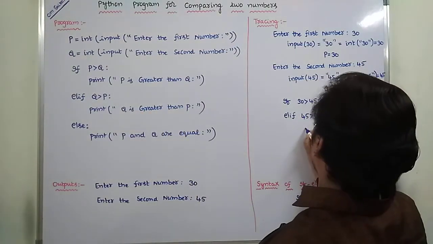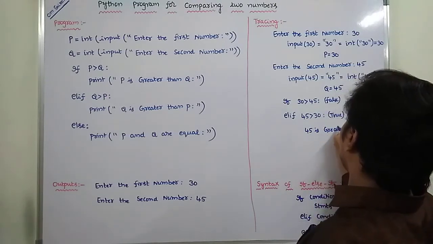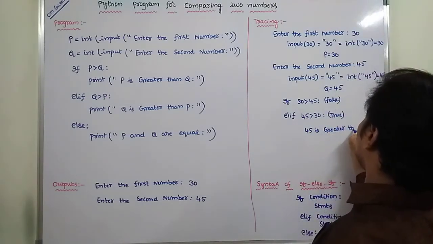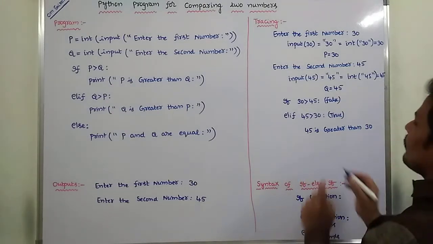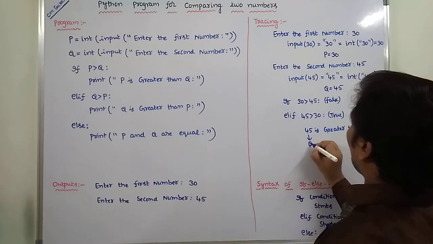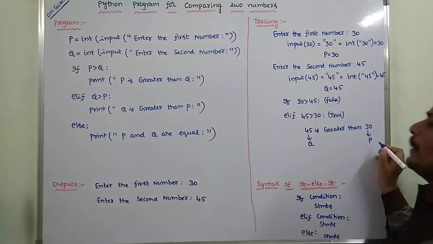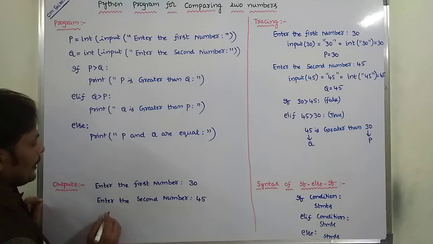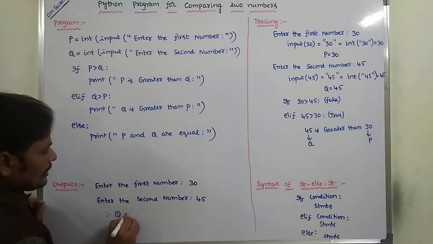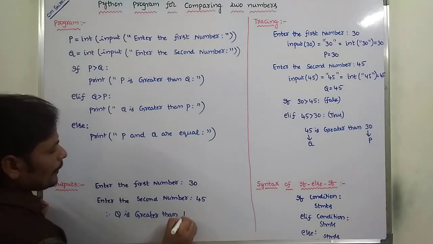So now 45 is greater than 30. Here 45 is nothing but q. Q is greater than p. Now this statement is executed. Therefore, q is greater than p.